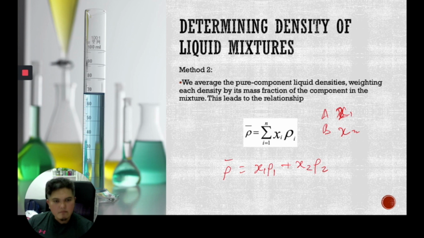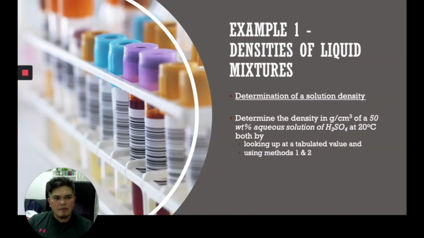So let's have a look at an example of liquid mixtures. In order for us to really determine the solution density, here is your given problem: sulfuric acid at 20 degrees Celsius, and you are asked to either look up the values, or use methods 1 and 2 of estimating it.